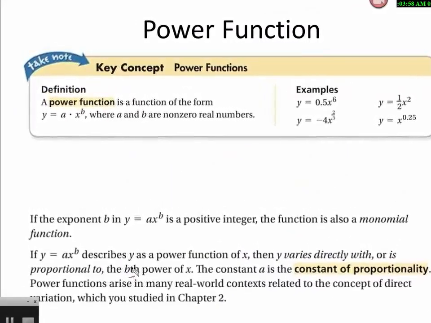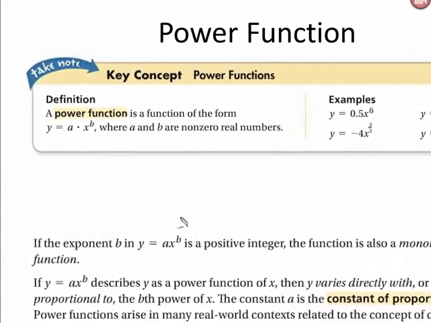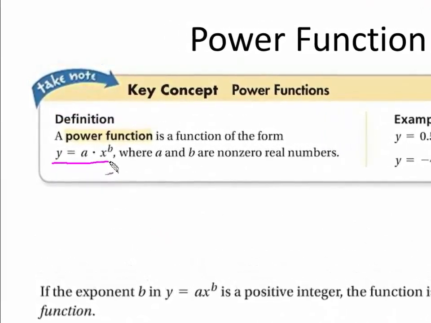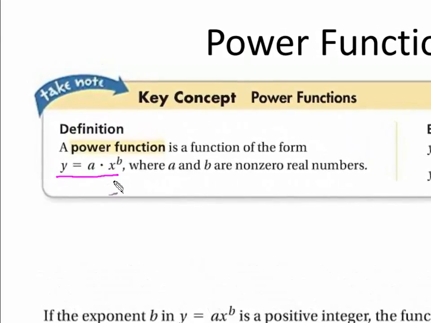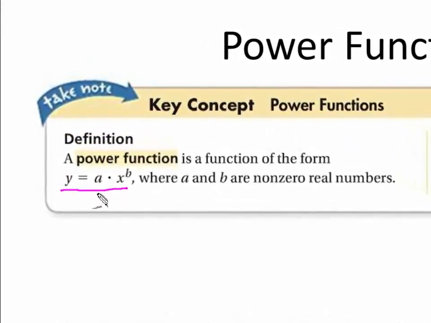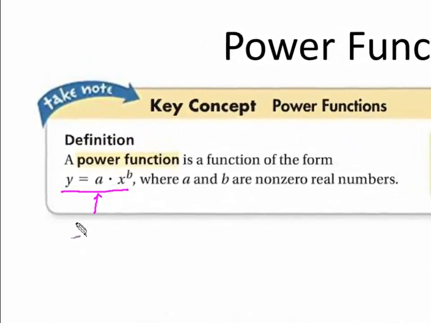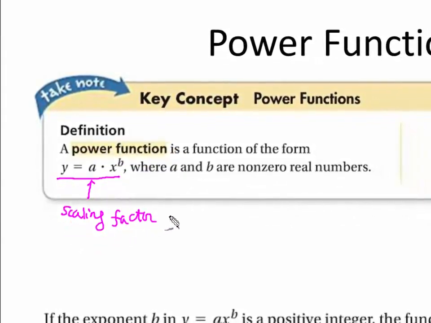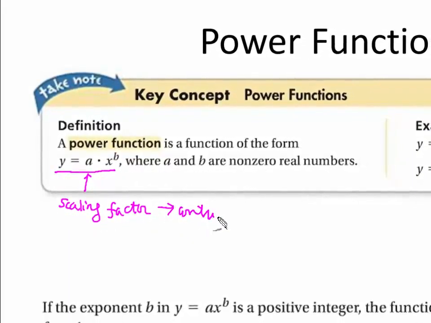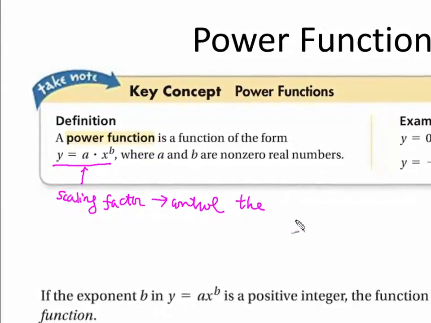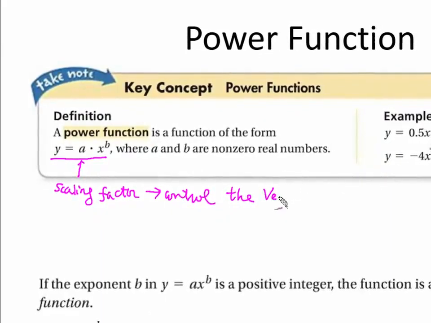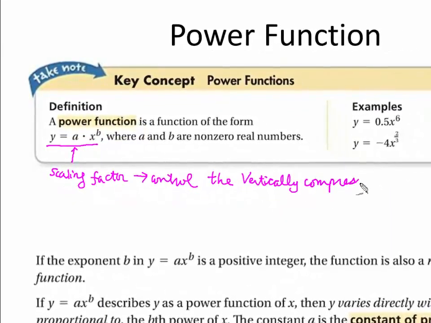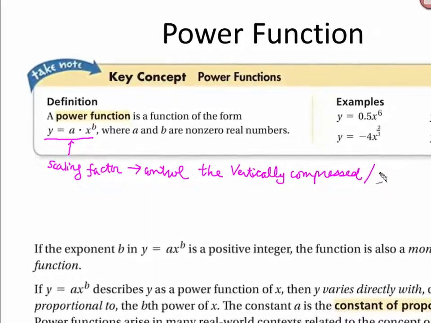The last concept that we are going to learn in this unit is power function. The power function is in the form of y equal to a times x to the b power. A, sometimes known as the scaling factor, controls the transformation of vertically compressed or stretched.